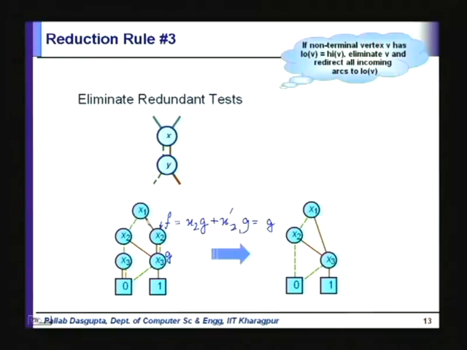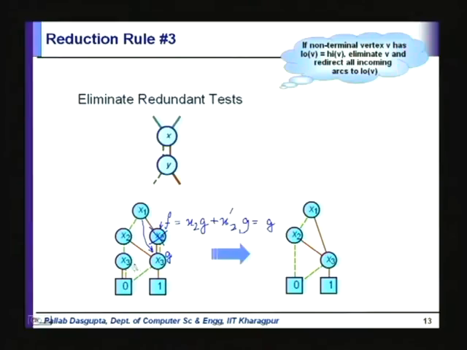So, rather than making this edge point to this node, we could actually redirect this edge to this, and this node becomes superfluous, right. So, that is exactly what we have done. We have taken out this node and made it directly point to this.